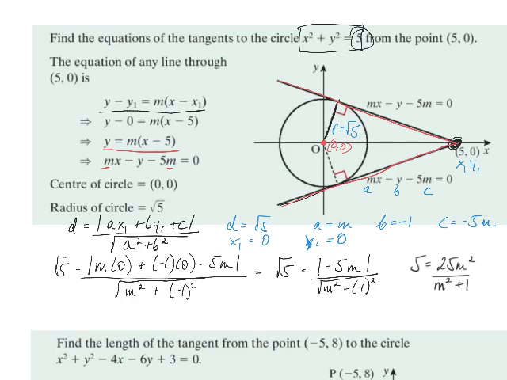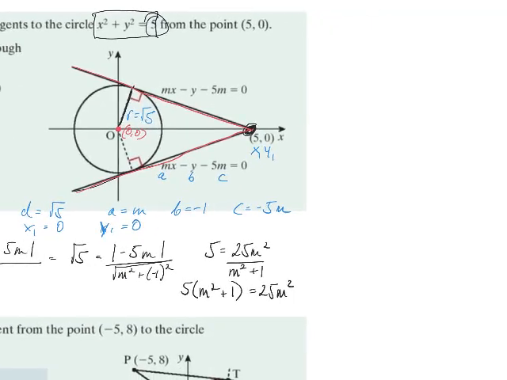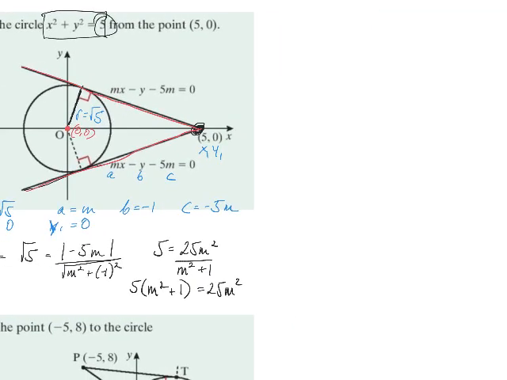Okay, so I multiply by the bottom now, to get rid of the fraction. So that leaves me with 5 times m squared plus 1 equals 25m squared. So let's move over here. I multiply this out, so that'll give me 5m squared plus 5 equals 25m squared.